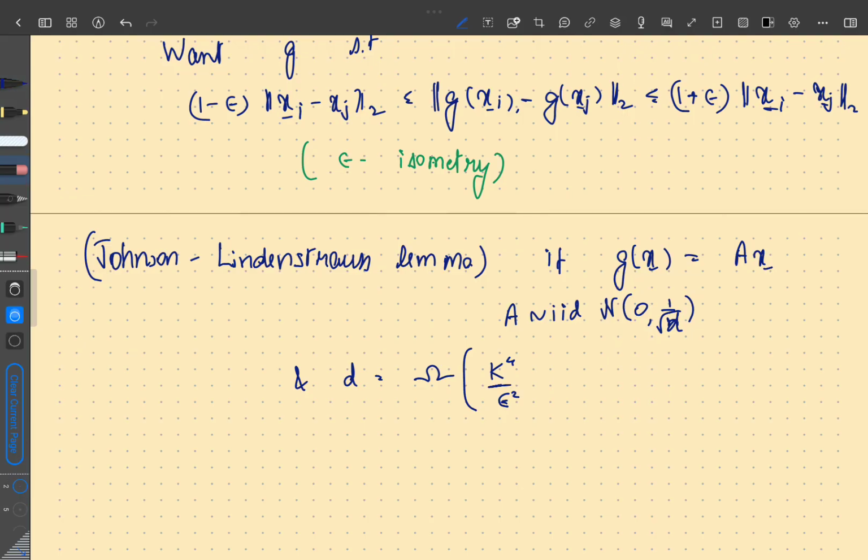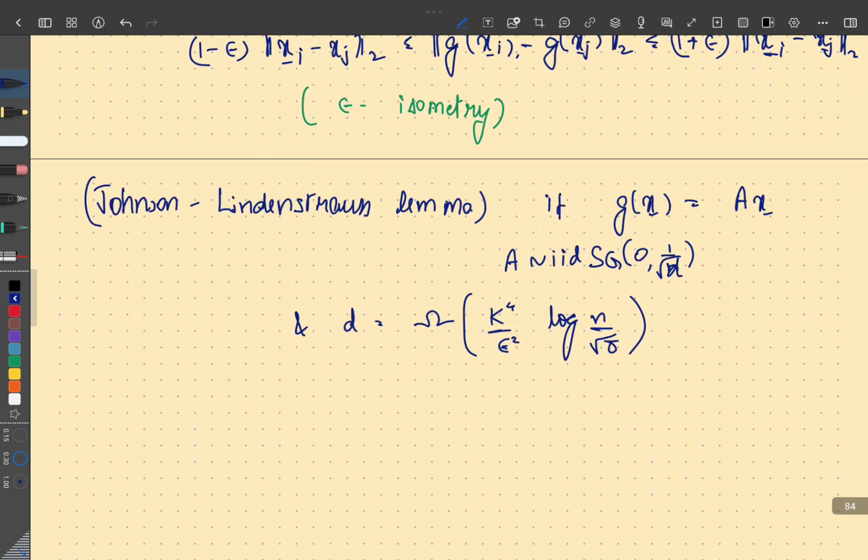In fact, this doesn't have to be Gaussian; it can be any matrix with IID subgaussian entries. And d is of order k to the 4 times log n by root delta.